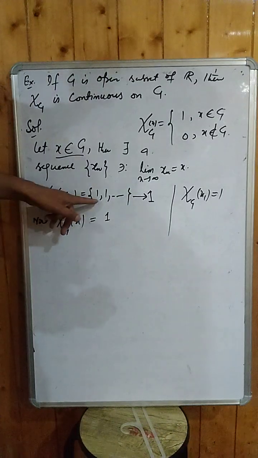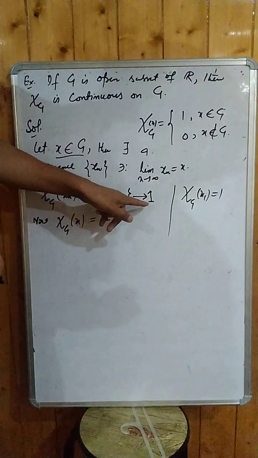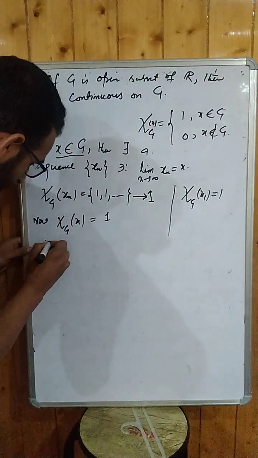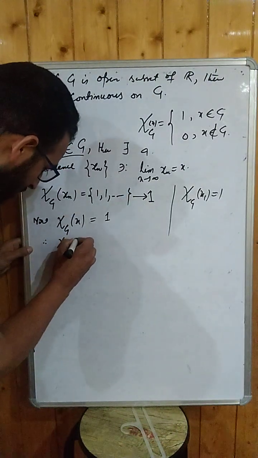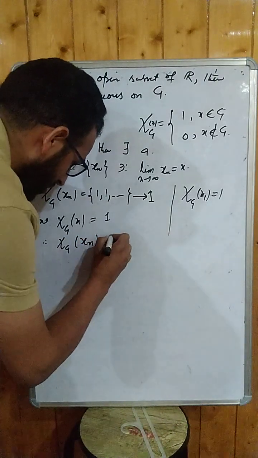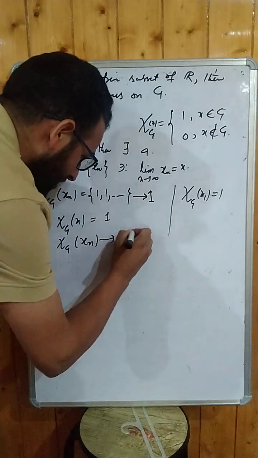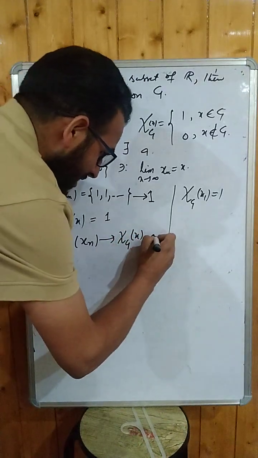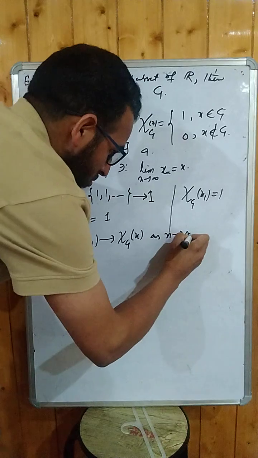Yes, because this converges to 1. That means I can write, therefore, chi G of xn converges to chi G of x as n approaches infinity.